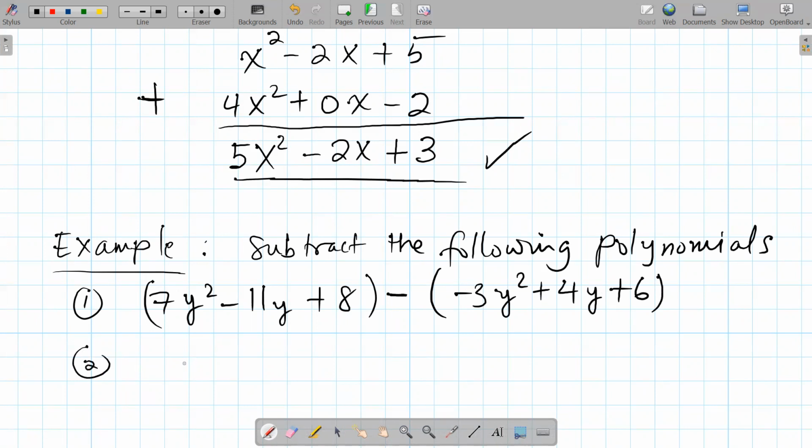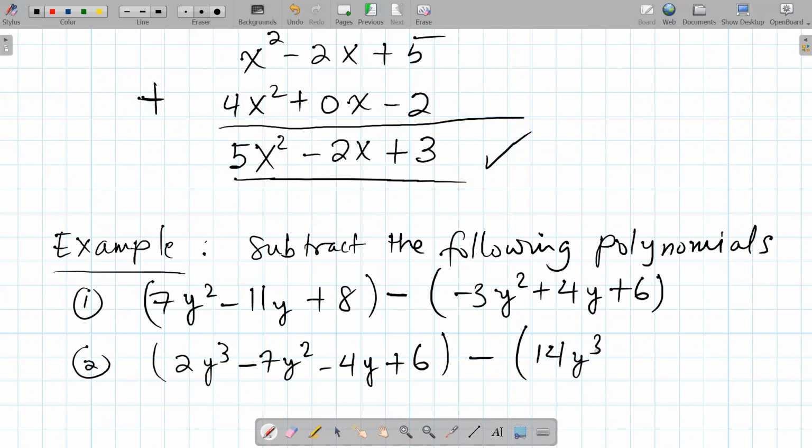The second one, I have 2y cubed minus 7y squared minus 4y plus 6. I have 14y cubed minus 6y squared plus 2y minus 5.